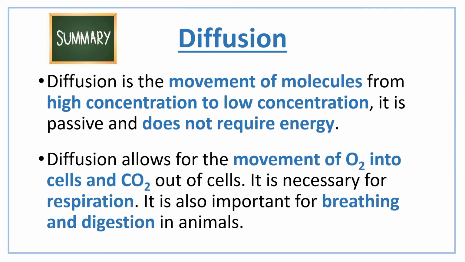Diffusion allows for the movement of O2 into cells and CO2 out of cells in unicellular organisms and in multicellular organisms, and it is necessary for respiration. That is a cellular process that we will cover later. It is also important for breathing and digestion inside of animals. So diffusion is an incredibly important process that is necessary for life.